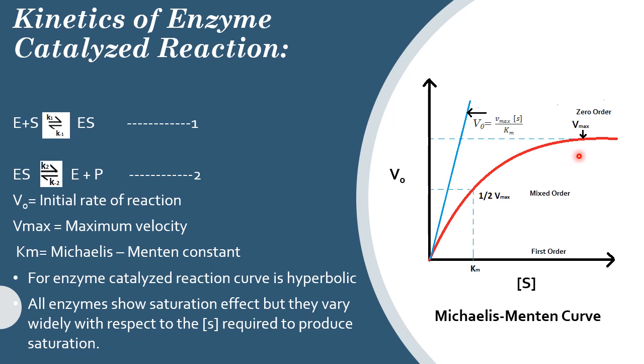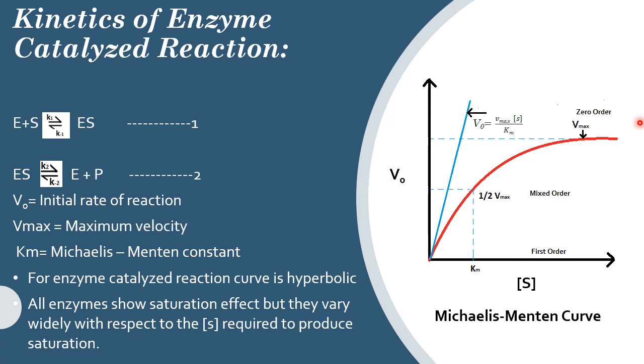In this range of substrate concentration, the reaction is zero order, and this state is known as the steady state, where enzyme substrate complex formation remains constant and the rate of formation of product is also constant, but faster than the pre-steady state. In this state, the enzyme is spoken of as being saturated with its substrate.